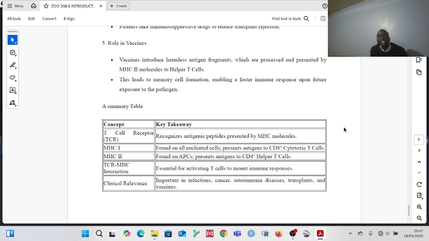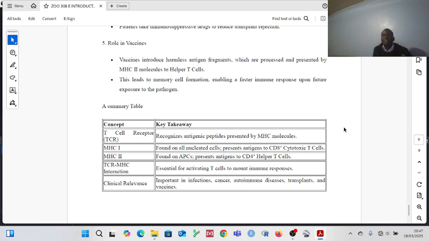So the MHC class 1 is found on all nucleated cells, and it presents antigens to CD8 cytotoxic T cells. MHC class 2 is found on antigen presenting cells, and it presents antigens to CD4 helper T cells.